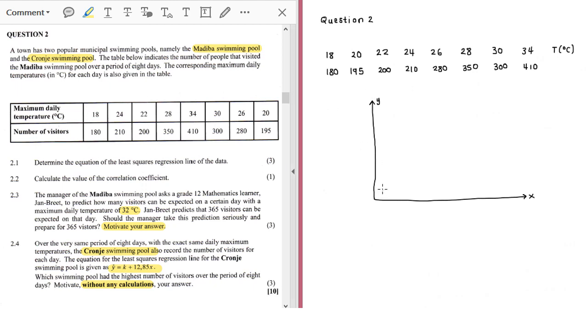So the number of visitors would be here. And then what is the dependent variable? Basically, think about it. The number of visitors is dependent on the daily temperature. That's the maximum daily temperature.